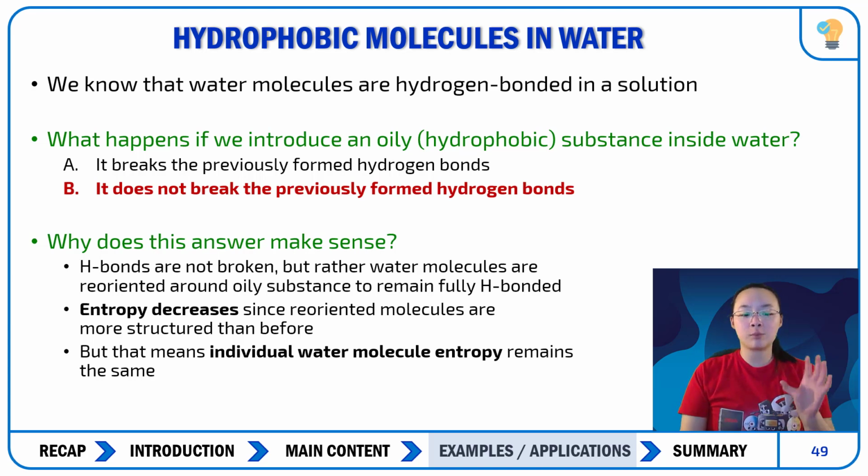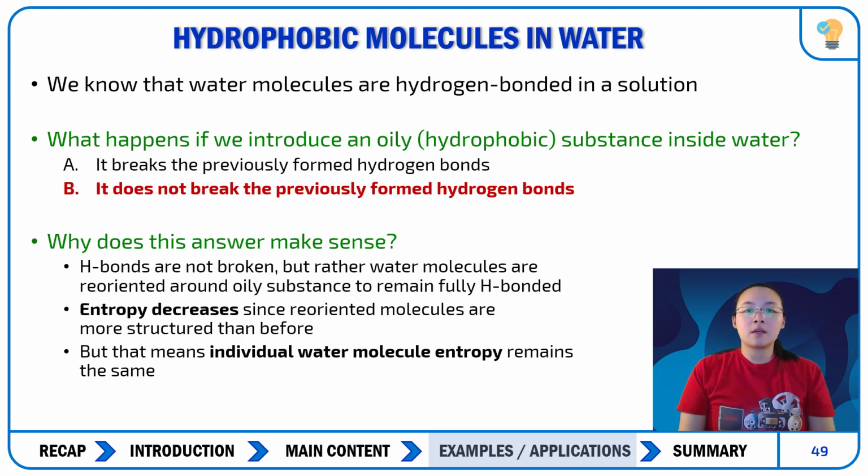The only problem is when we introduce a hydrophobic substance, they're going to reorient themselves around the hydrophobic substance, and that action actually decreases entropy because it increases order. So that now doesn't make as much sense.